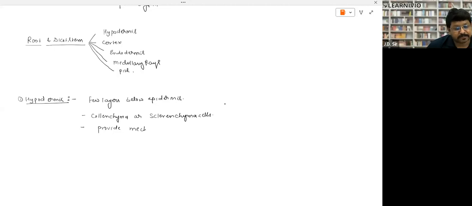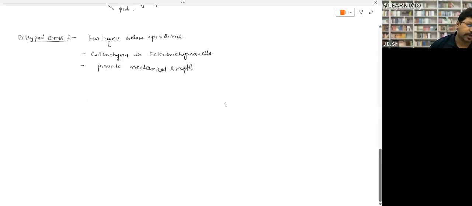They provide mechanical strength to plant.